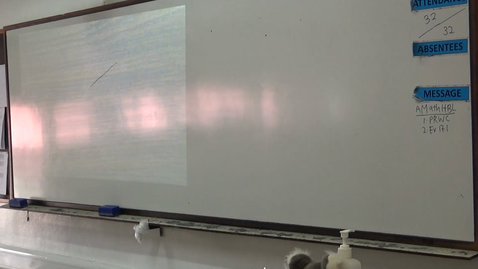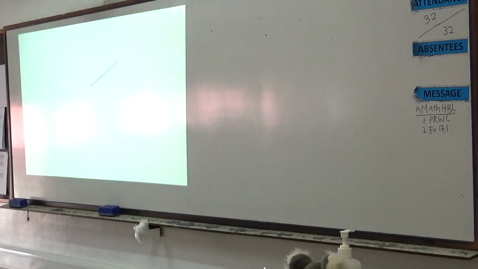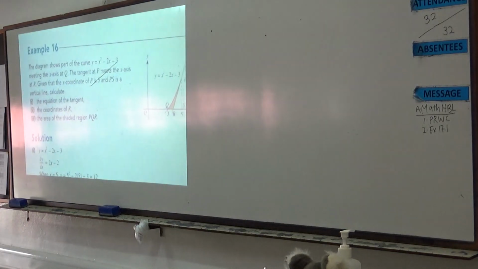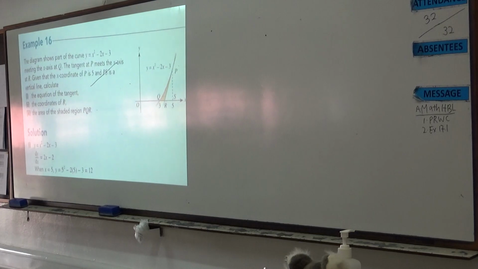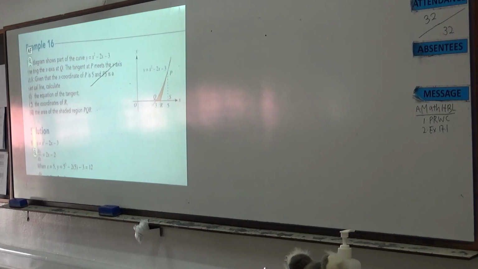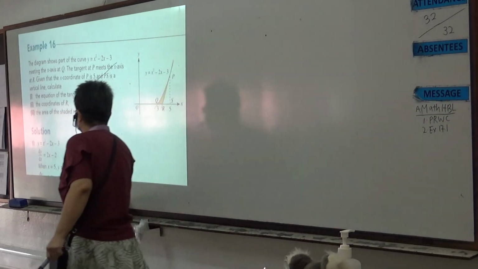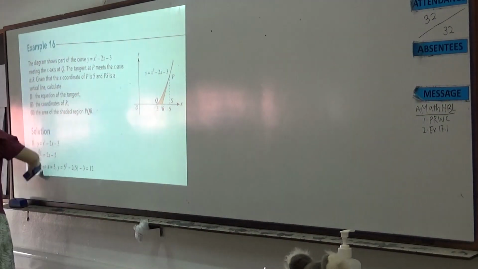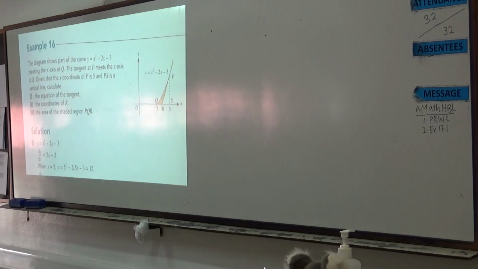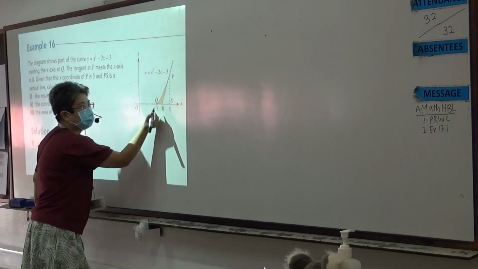This is by far the most difficult one. Can we read the question first? I will explain to you the question. Now let's take a look at the question. The diagram shows part of the curve, meeting the x-axis at Q. That means here, this one.